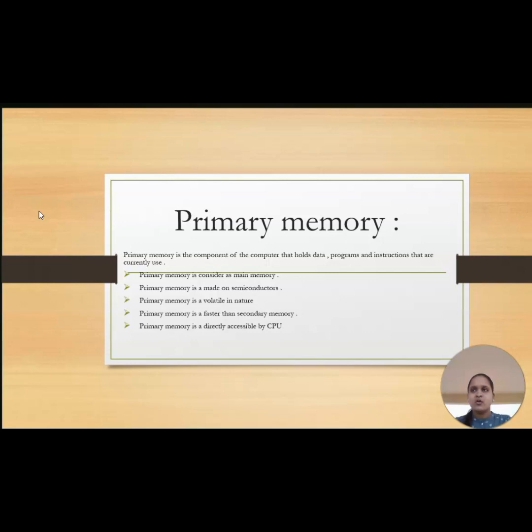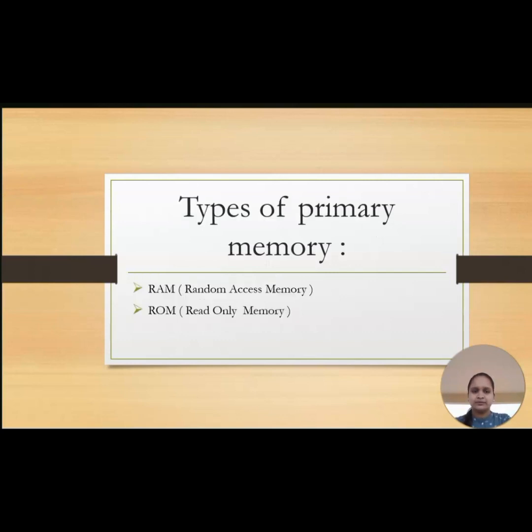Primary memory is volatile in nature. Primary memory is faster than the secondary memory because its data processing is very fast. The primary memory is directly accessible by the CPU.